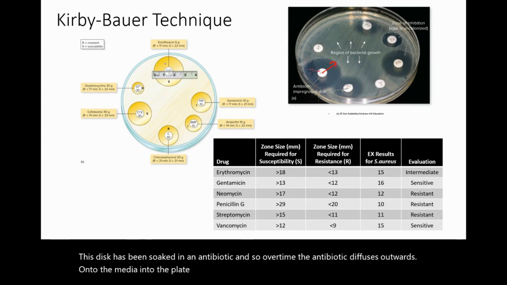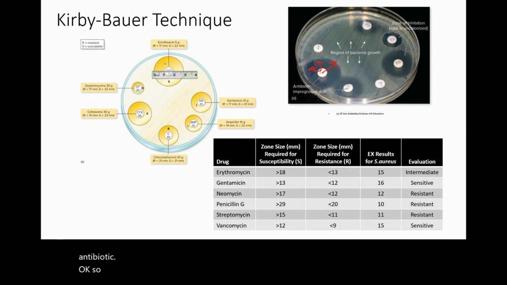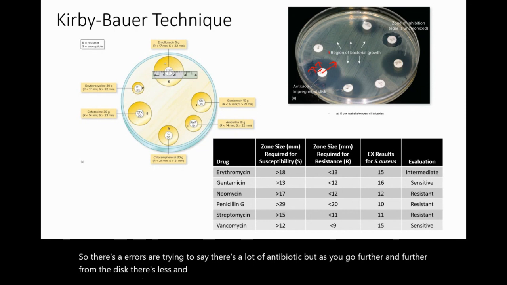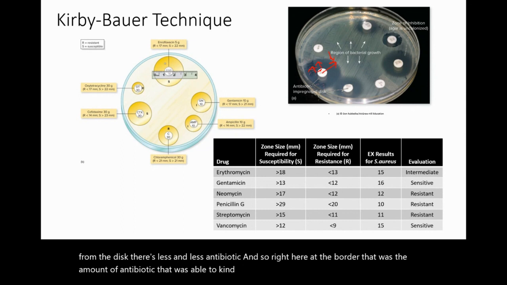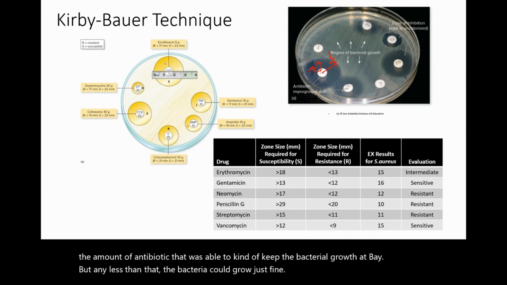So at the area right around the disc, there is a lot of antibiotic, okay? Those up arrows are trying to say there's a lot of antibiotic. But as you go farther and farther from the disc, there's less and less antibiotic. And so right here at the border, that was the amount of antibiotic that was able to keep the bacterial growth at bay. But any less than that, the bacteria could grow just fine, okay?